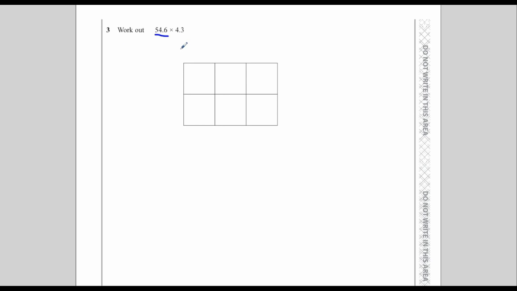I might do a separate video on this if enough people request it, but let me show you how it's done. So it's a 3-digit number times a 2-digit number, so we've got a 3 by 2 grid. Let's write up our first number, 54.6, and then our next number, 4.3.